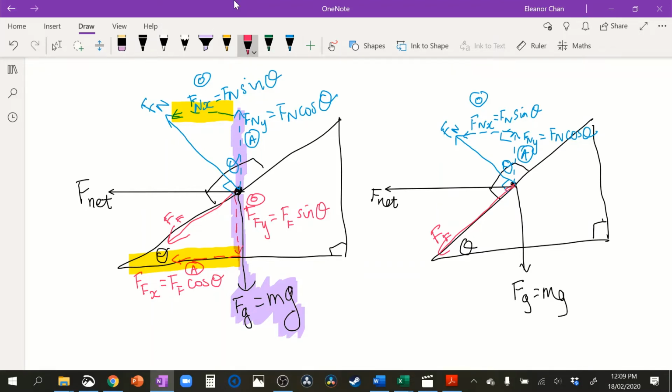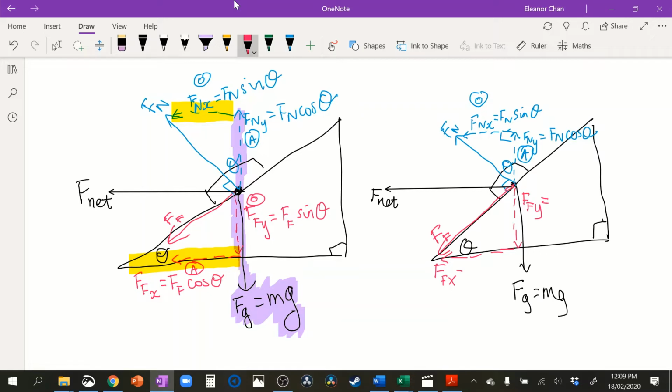Now we'll look at the friction triangle, which is the red, or burgundy, pink triangle. So I'm going to put the vertical down, and then across to the left is the friction. So in terms of the horizontal, it's F subscript Fx, and then the vertical is F subscript Fy, okay?